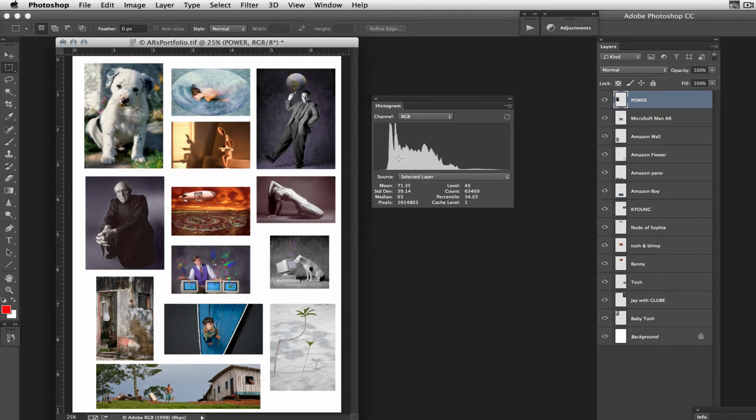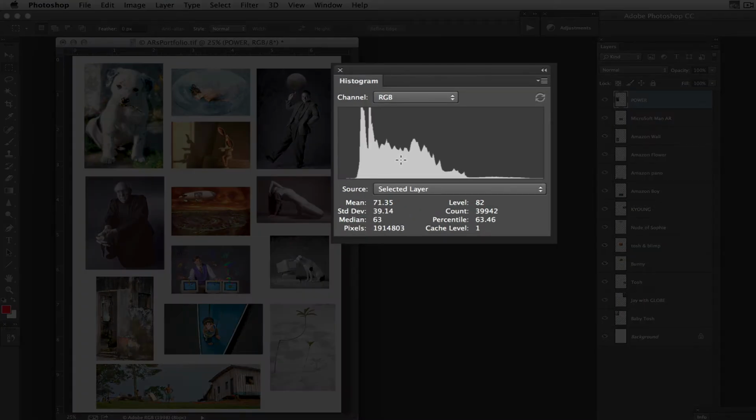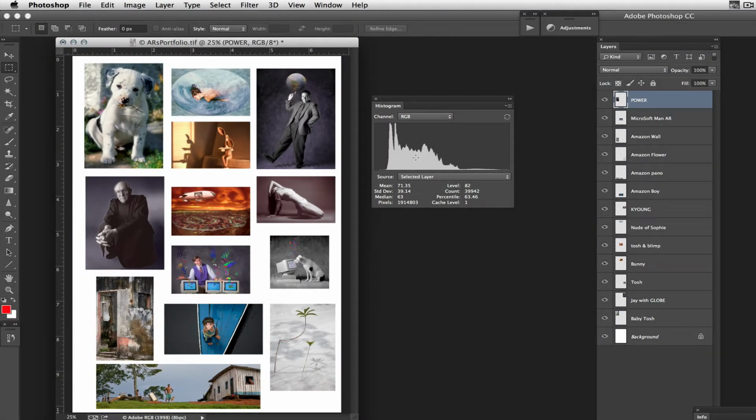As I move my cursor over the histogram, you can see, for example, that at this point, I'm at level 82 out of 256 levels, and it tells me some information about the standard deviation, the median, and so forth. It tells us the number of pixels, 1914803, in the image that represents that particular level.